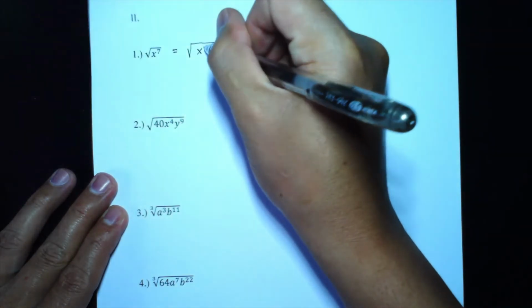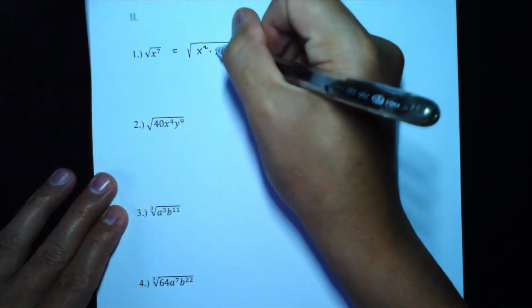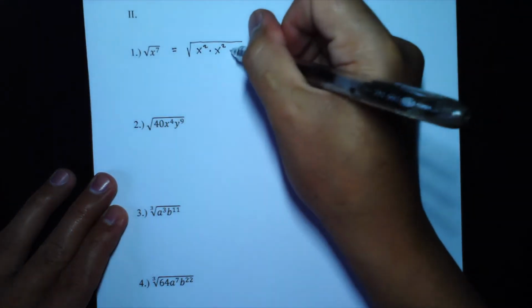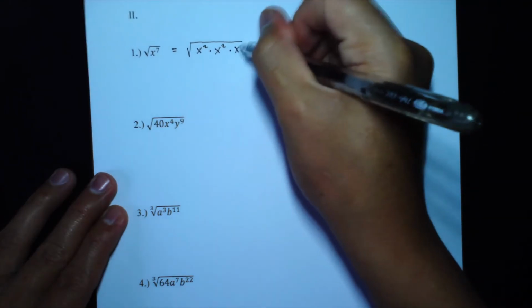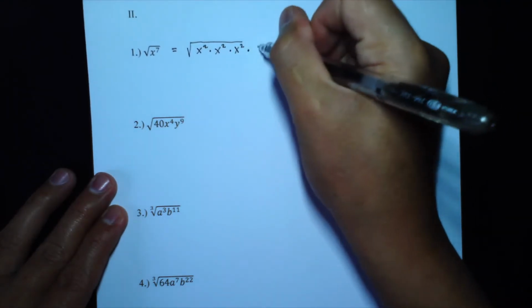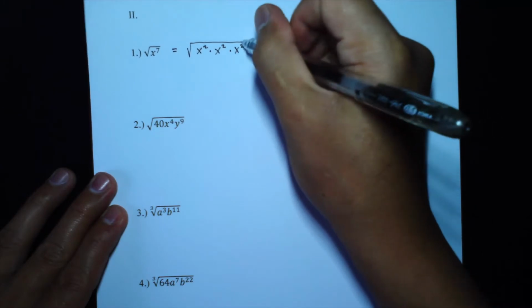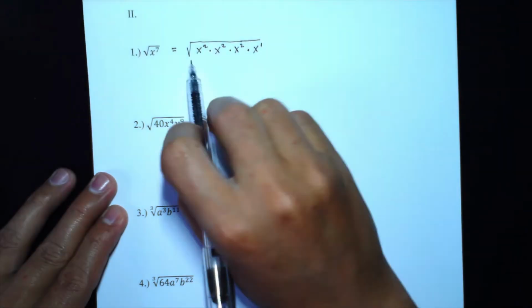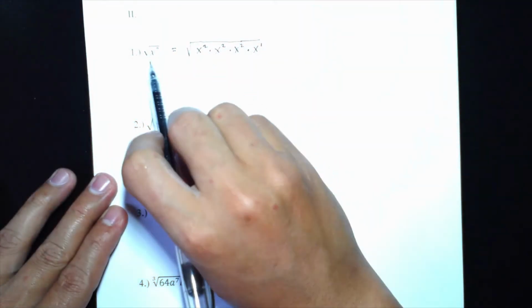Let's factor the x raised to 7. That will be x raised to 2, x raised to 2, then x raised to 2 multiplied by x raised to 1. If you multiply this, the result will be x raised to 7.